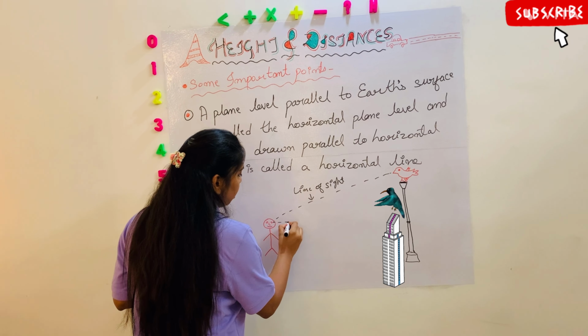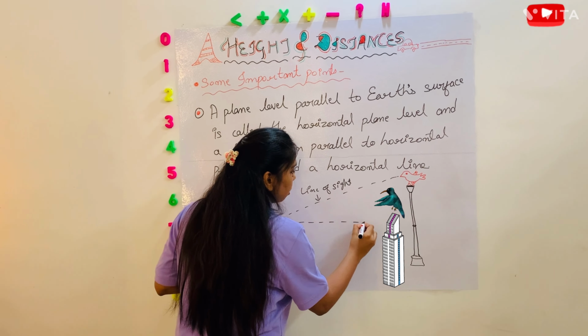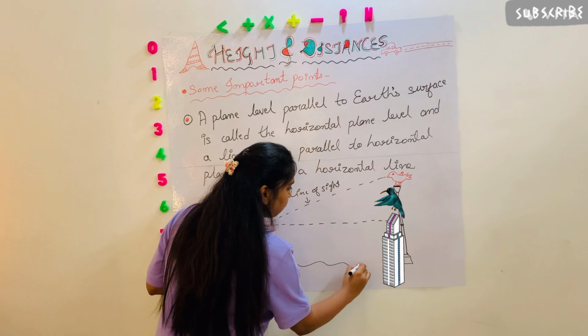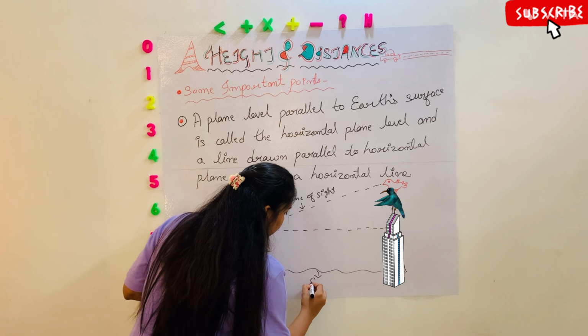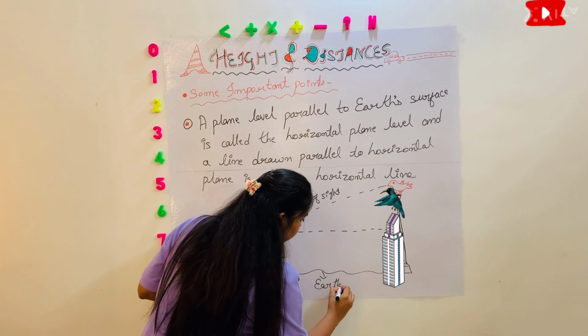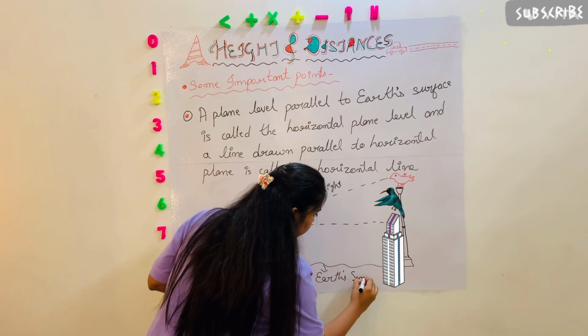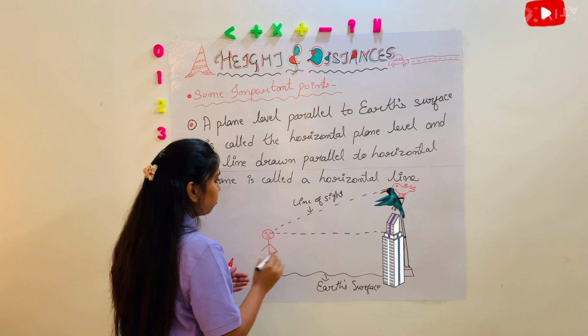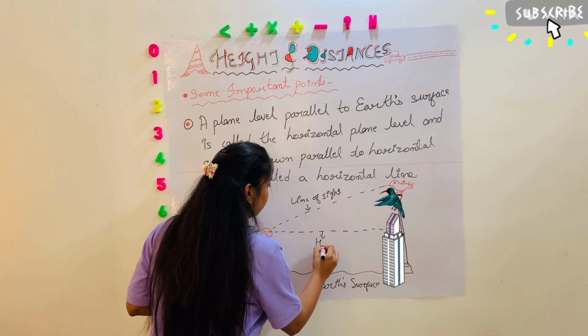And this is the horizontal line, because this is parallel to the Earth's surface. This is Earth's surface.